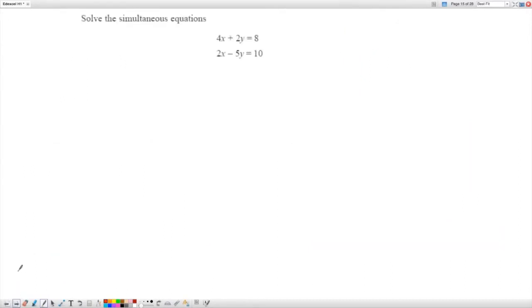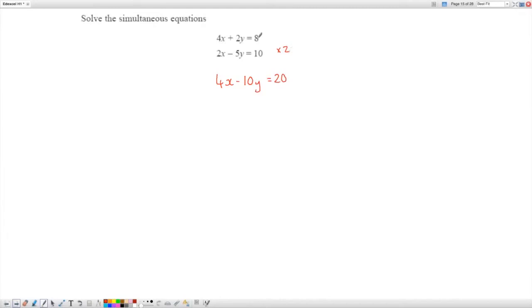Here we have a pair of simultaneous equations to solve. Our first step is to make one of the variables, either x or y, the same. Looking here, we can see we have 4x and 2x. So we can simply multiply this through by 2, 4x minus 10y equals 20.